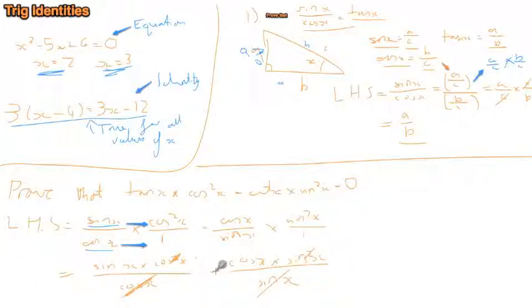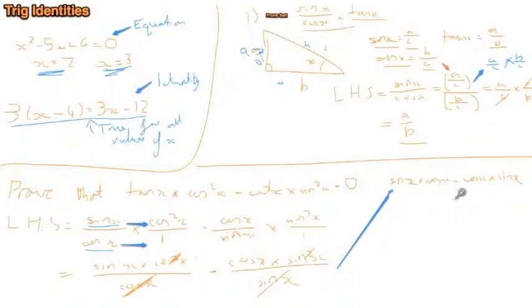So we are left with sin x times cos x minus cos x times sin x, right?